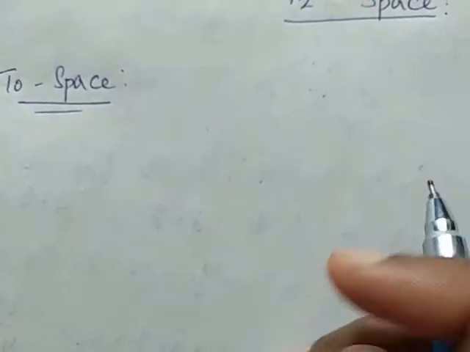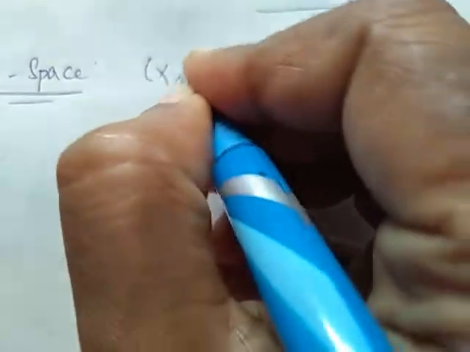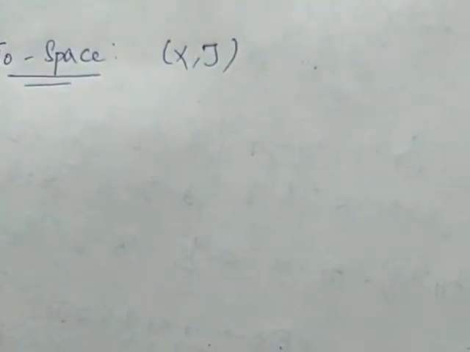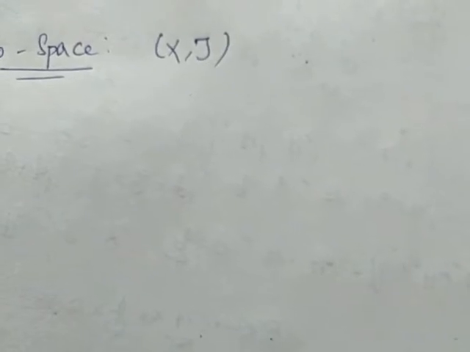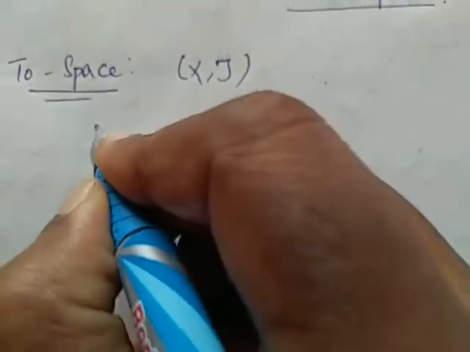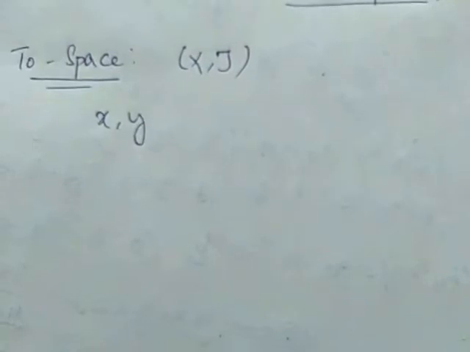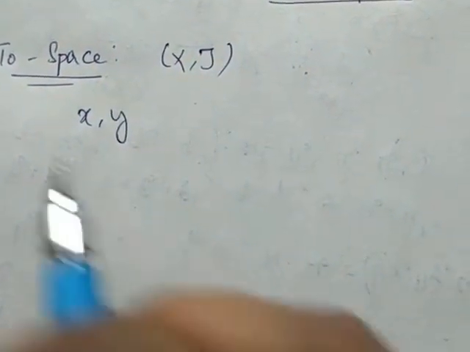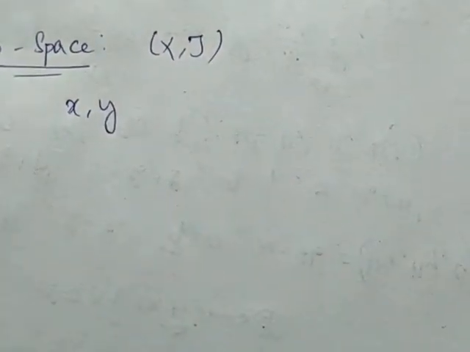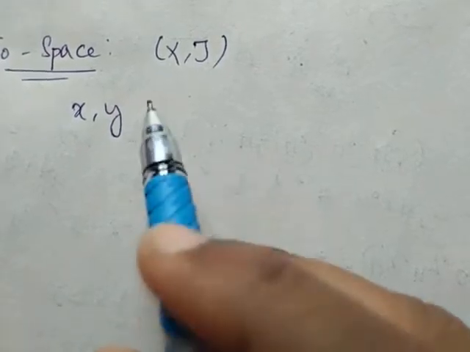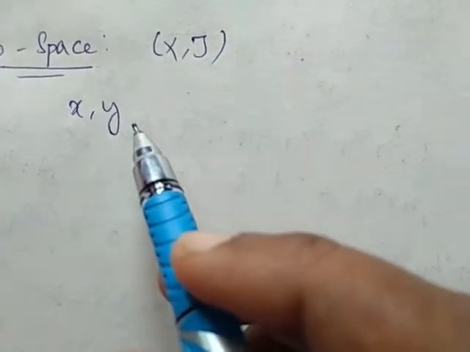In a topological space (X, tau), we are choosing some distinct points, say x, y, such that one of these points belongs to an open set but the other does not belong to the same open set.